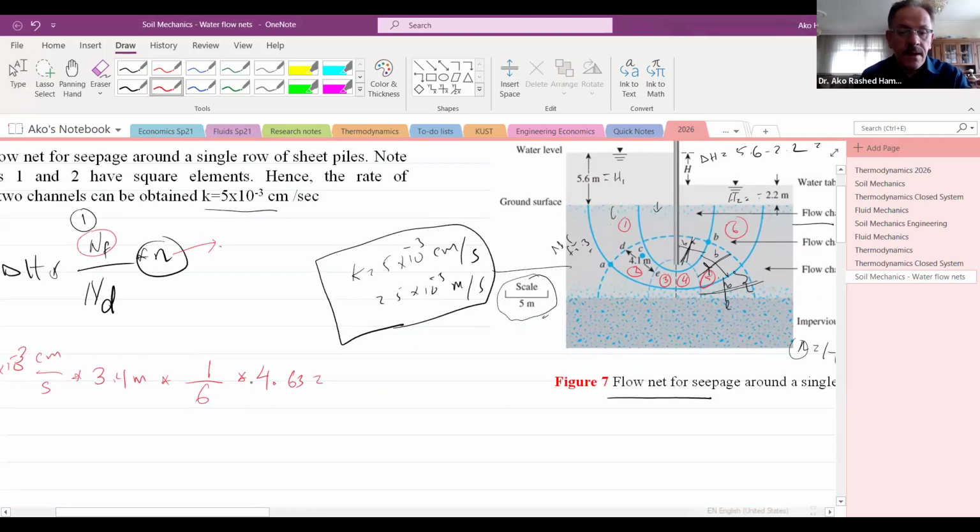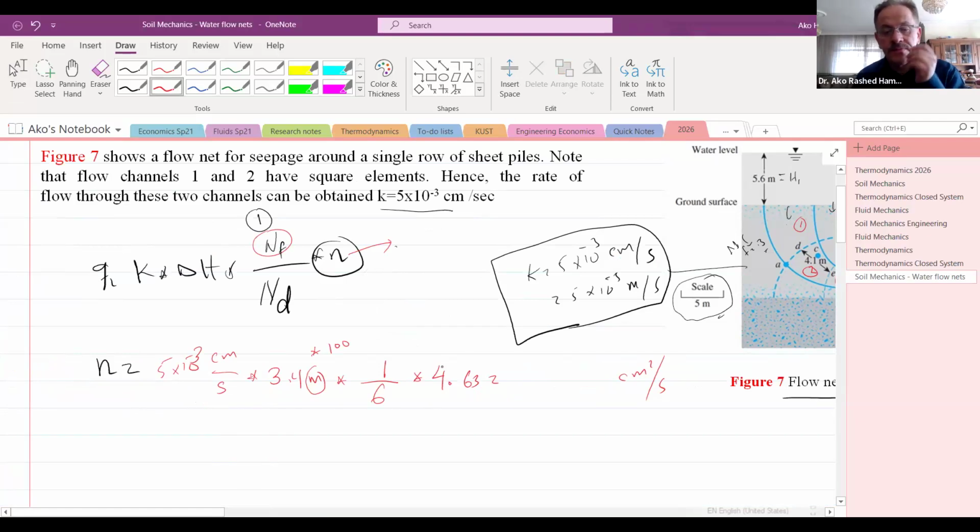So here is the 6. And this way, you have to be aware this is in meters, so you have to multiply this by 100 to get centimeters squared per second. That's the flow Q. 5 times 10 to the power minus 3 times 3.4 times 100 times 1 over 6 times 4.63.